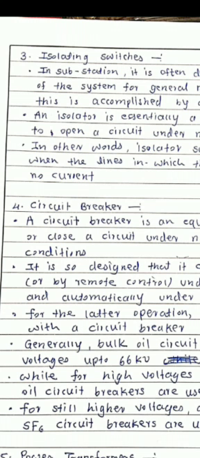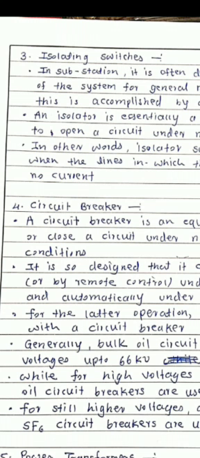Next is the circuit breaker. A circuit breaker is equipment which can open or close a circuit under normal as well as fault conditions. It is designed so that it can be operated manually under normal conditions and automatically under fault conditions.